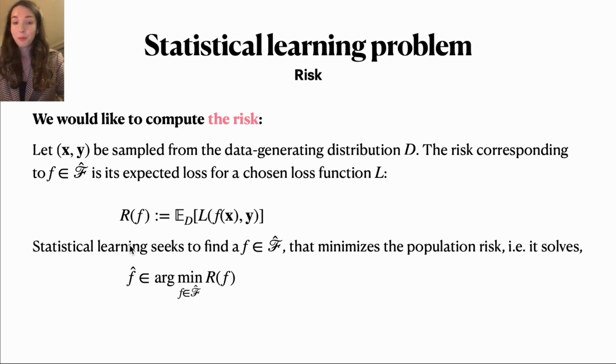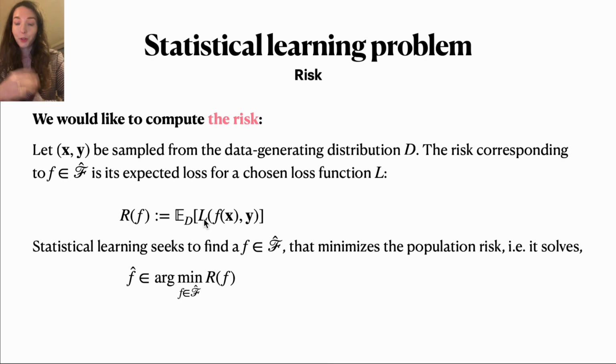The risk is given by the expected value over all the possible x and y of the loss of our model f on x and y. Essentially this measures how good our choice of function f is at predicting y, when we measure the performance using our loss function L in expected value over all possible data generated from D.